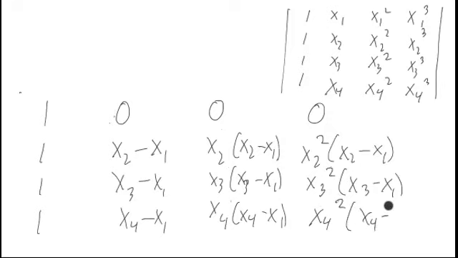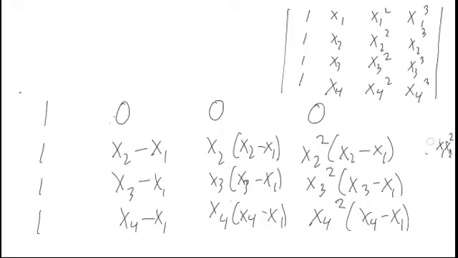Essentially, we took this column, multiplied it by x1, and subtracted it from that one. So in this position, this would have been x2 cubed minus x1 times x2 squared. And notice that when we factor, we would get that. And similarly for these other entries.